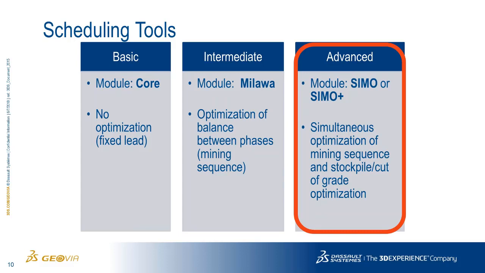If I have a 2-phase pit and a fixed lead of 4, we're going to exclusively mine in phase 1 until we've exposed the first 4 benches. At that point we start phase 2 and advance phase 1 and phase 2 evenly so that the 4 bench lag or lead, depending on which way you're looking at it, is always maintained.